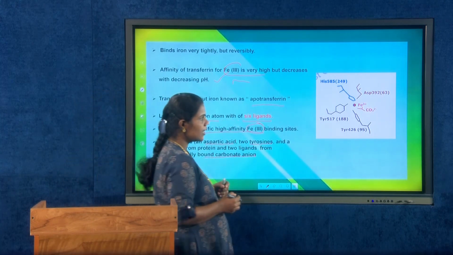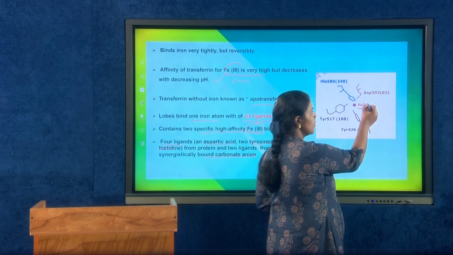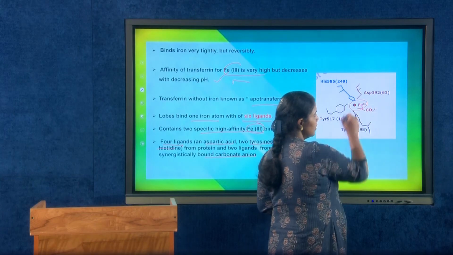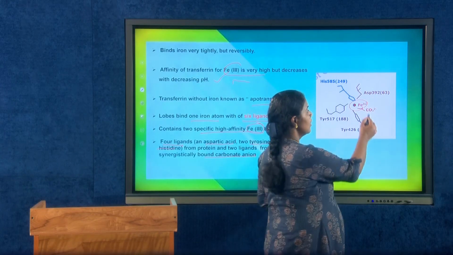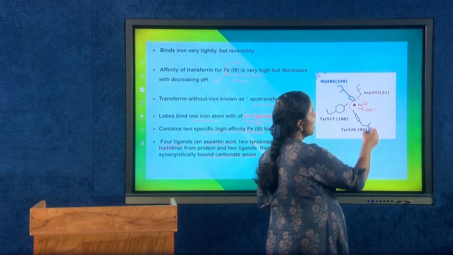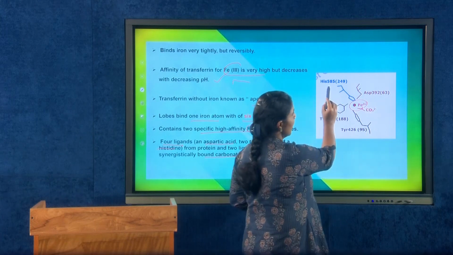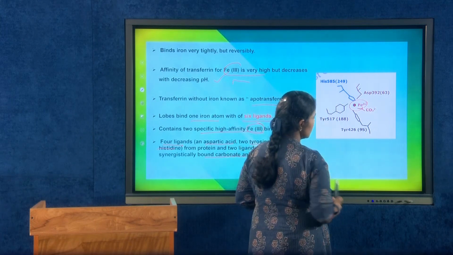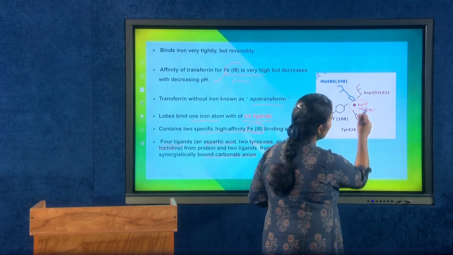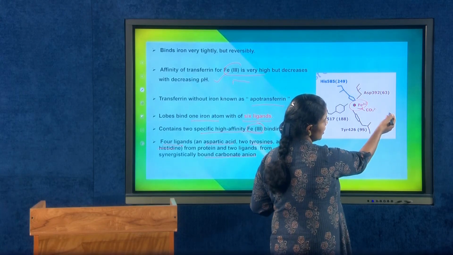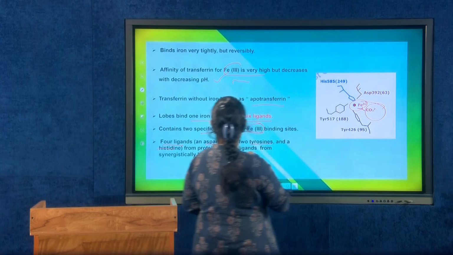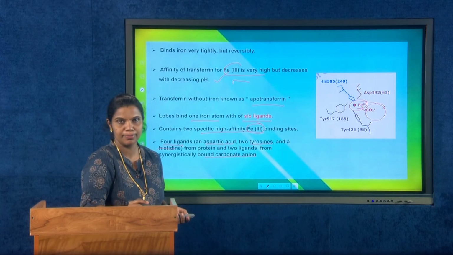Here you can see the ligands in transferrin binding Fe in the 3+ oxidation state: histidine, aspartate and tyrosine, and the other coordination is compensated by the bicarbonate anion.